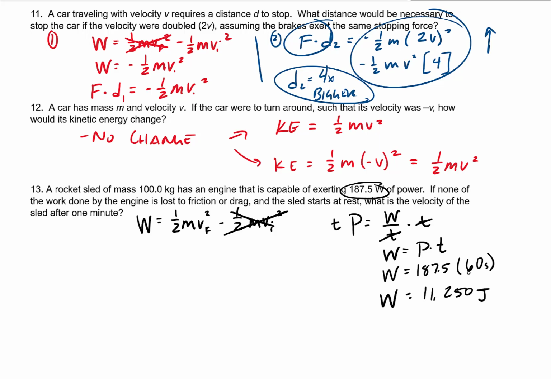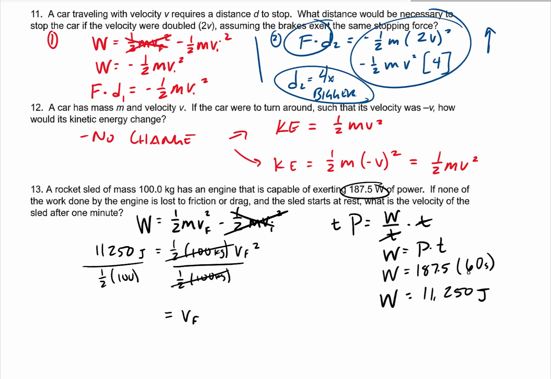Well, we're going to set that equal to the kinetic energy, so 11,250 joules worth of work is equal to 1/2 times 100 kilograms times the final velocity squared. So we'll divide by 1/2 times 100 kilograms on both sides, which is really dividing by 50, and then we'll square root it.